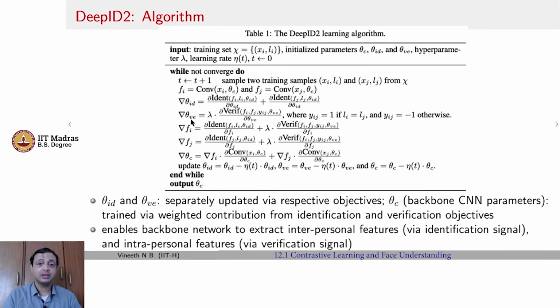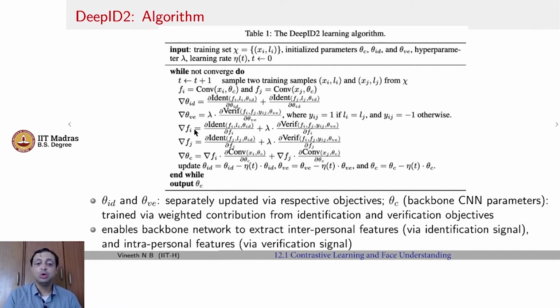Similarly, the gradient for the verification parameters is given by some coefficient lambda, which is used for weighting, times the partial derivative of the verification loss Fi, Fj, Yij, theta verification by theta verification, where the verification loss is given by the pairwise contrastive loss, where we know that in this particular case, Yij was set to 1 if the identities were the same, and Yij was set to -1 if the identities were dissimilar.